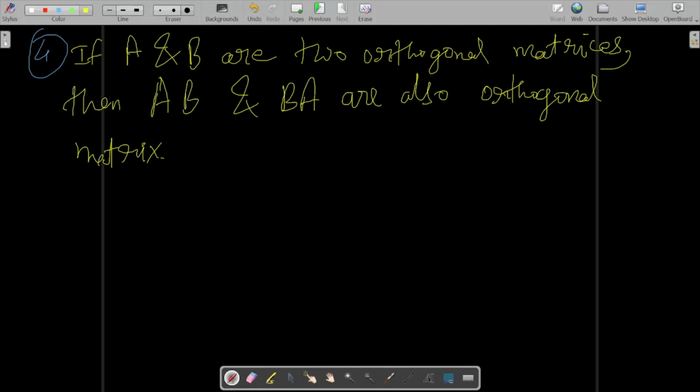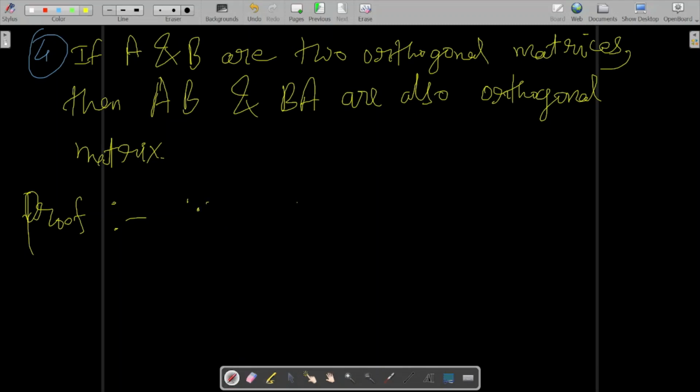So we will have the proof of this over here. Since, you need not write the word since, you can put the three dots like this, whose meaning is since.